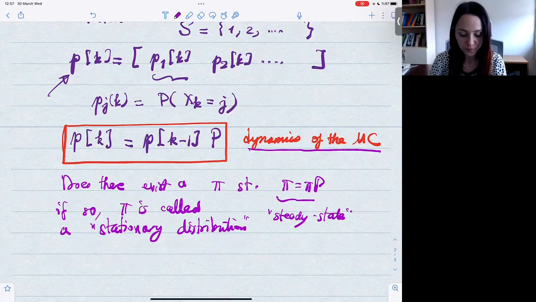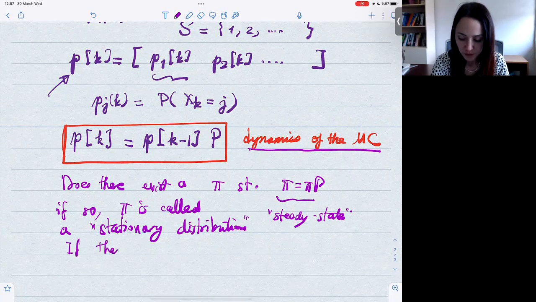Now, there may not be a unique stationary distribution, by the way, for every Markov chain.